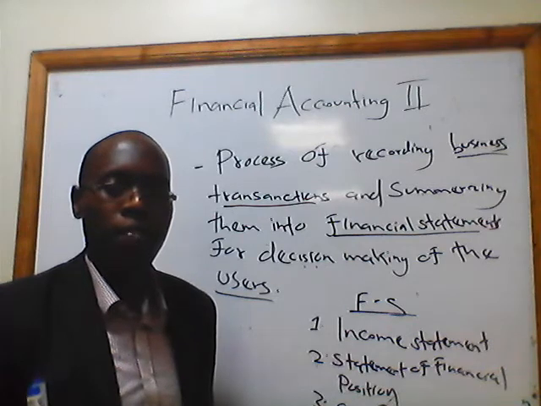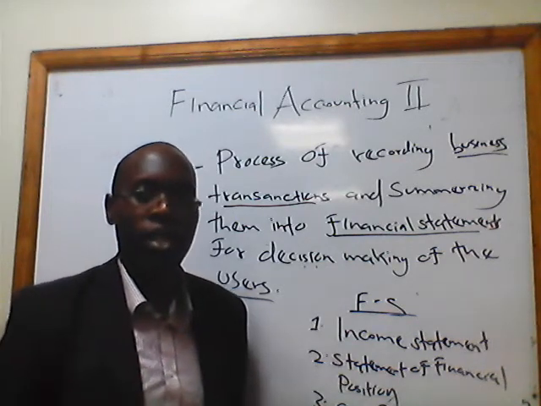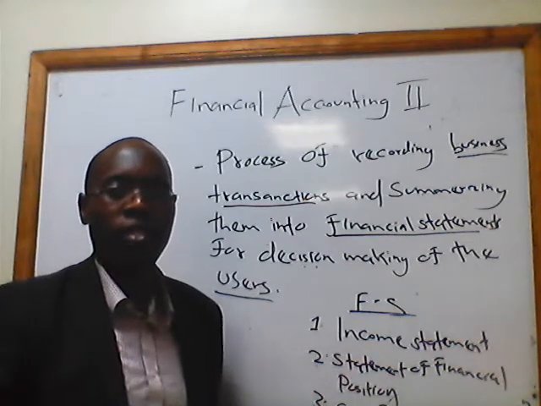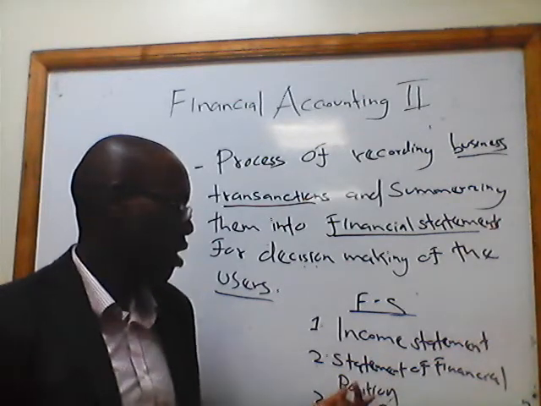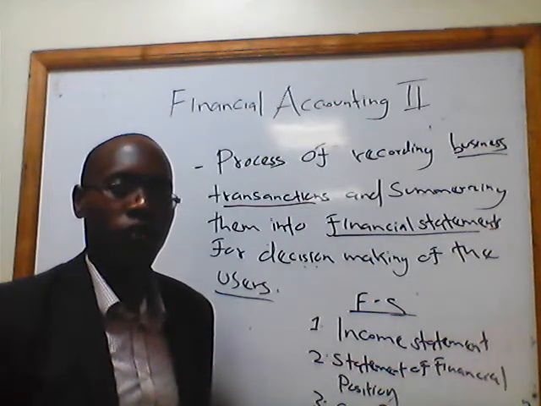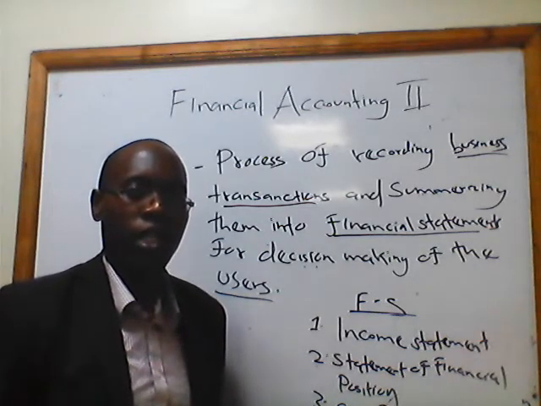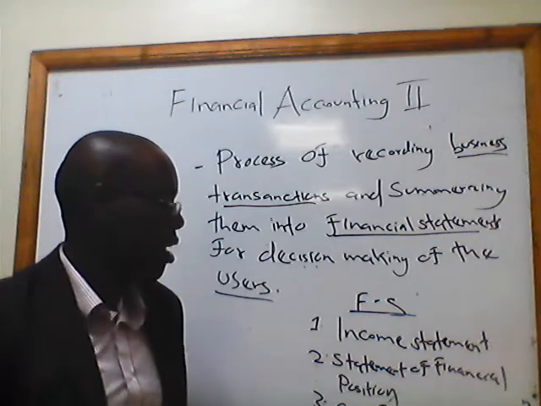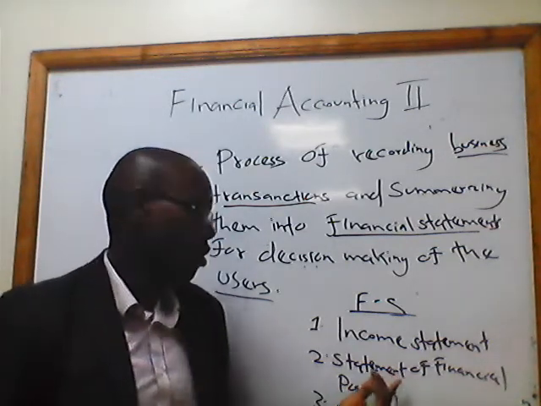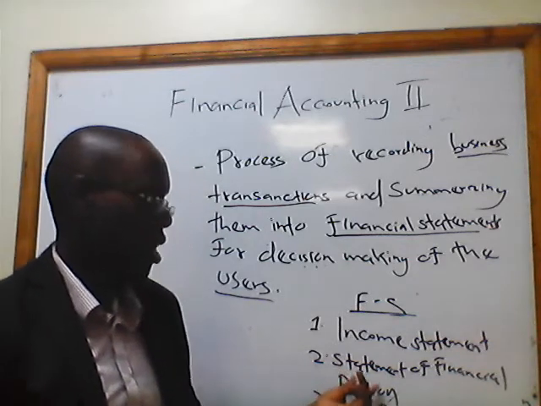How strong is the company in terms of assets? How can the current assets be used to finance the current liabilities? So the statement of financial position shows us the liquidity of the company and how it has utilized the working capital to generate resources. So this is the balance sheet.